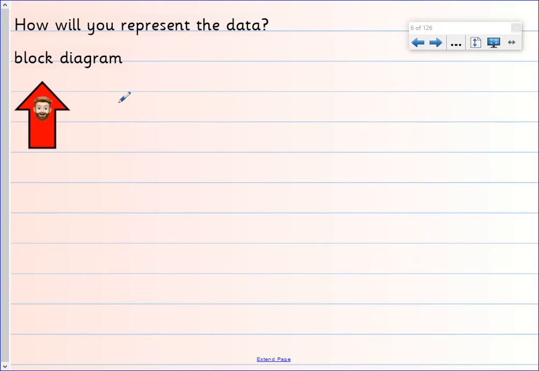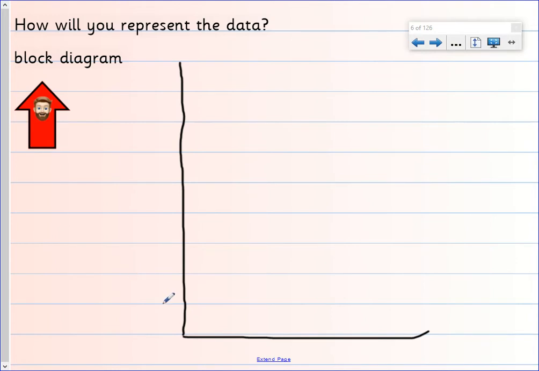What about a block diagram? Now, a block diagram is a little bit tricky because we need a vertical line drawn beautifully by Mr. Clifford. I'm going to stop there, and a horizontal line to make like a big capital L. Now here we need to write our scale, which are the numbers. Okay, so you'll write numbers here.